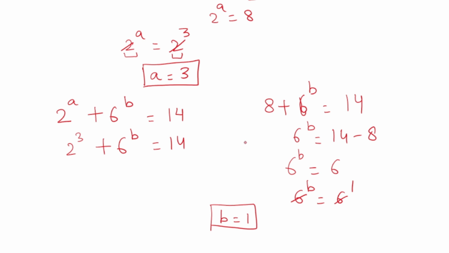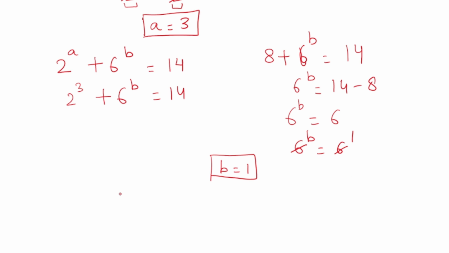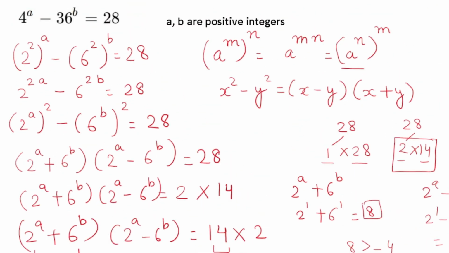Now, we have got a equals 3 and b equals 1. So these are the values of a and b from this equation.